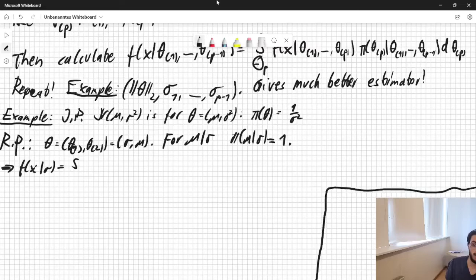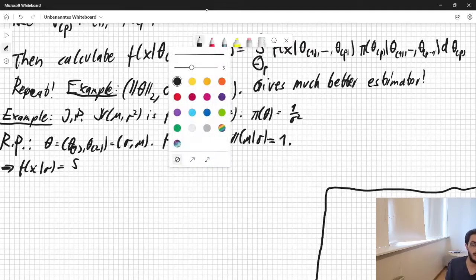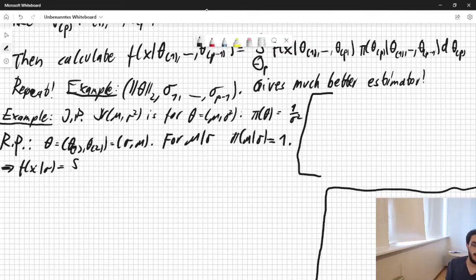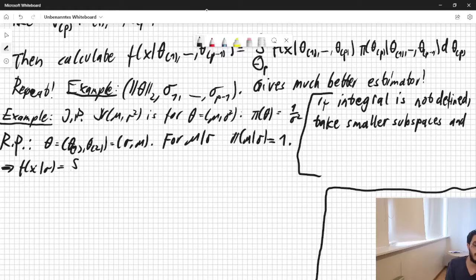So one important thing I forgot to mention is that if the integral that we take for the reference prior approach is not defined, which we actually have in this case, we take, for example, smaller subspaces and take the limit.